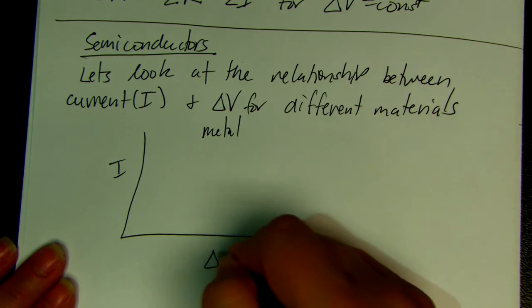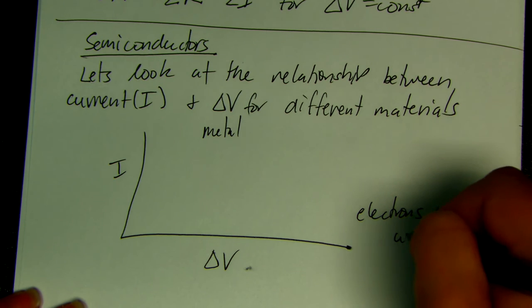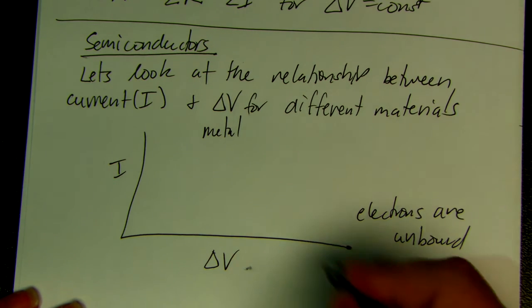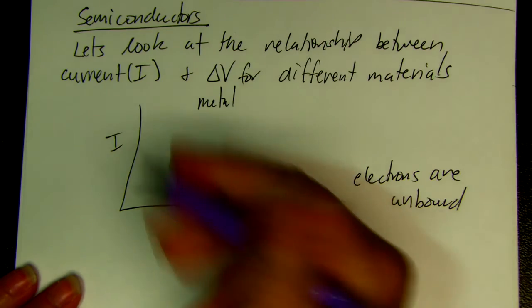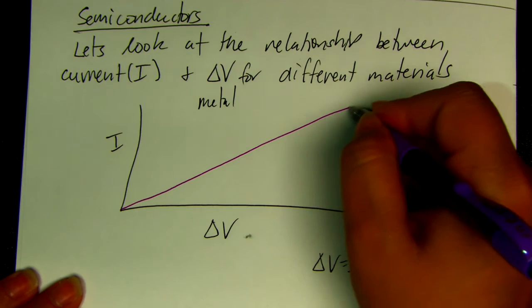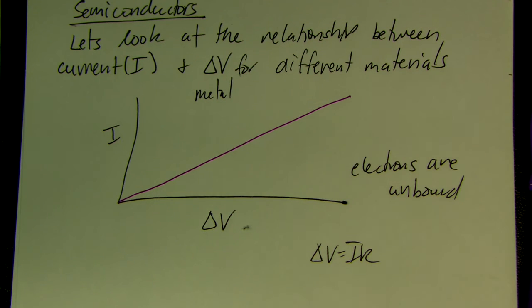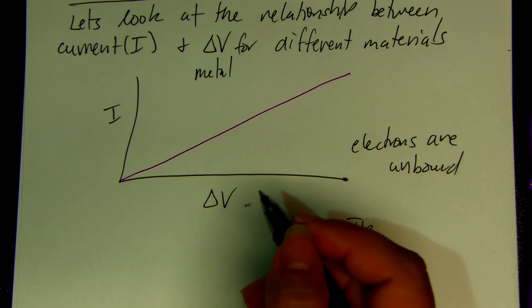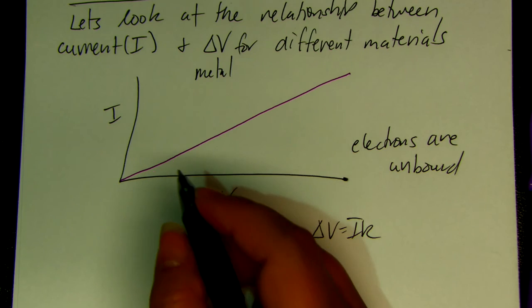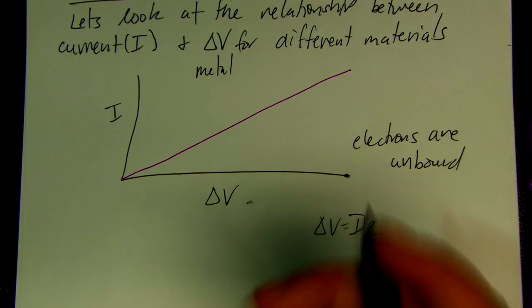So you have I and delta V. And for this, the electrons are unbound the whole time. And if we look at delta V is equal to IR, we see there's a nice one-to-one relationship. And so as delta V goes up, current goes up correspondingly. So this is how a metal behaves. Really, once you get just a little bit of delta V, it gets going.